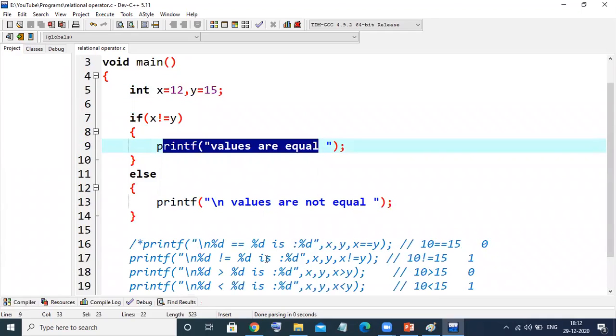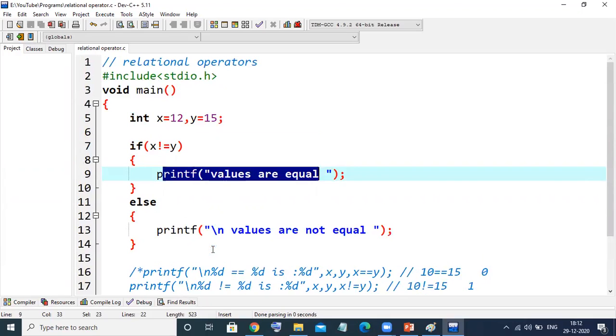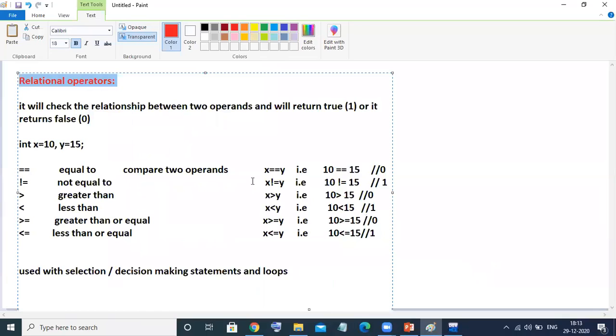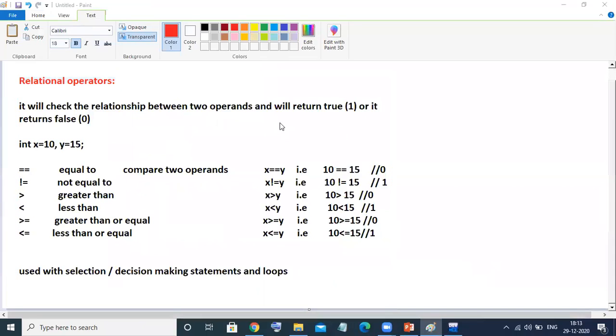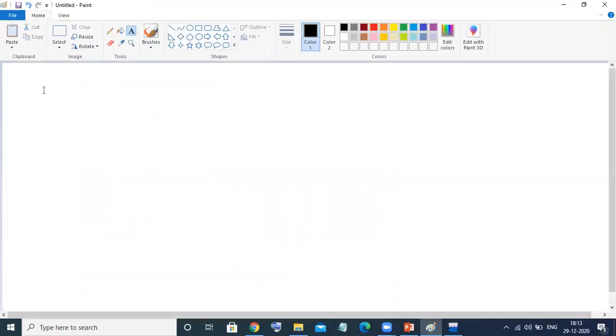So now let us move to the next topic of this video, that is the assignment operator. Now we will concentrate on the next topic, the assignment operator.